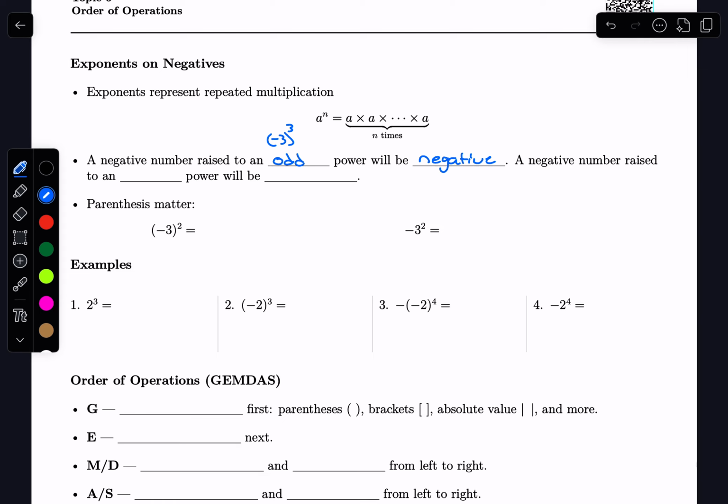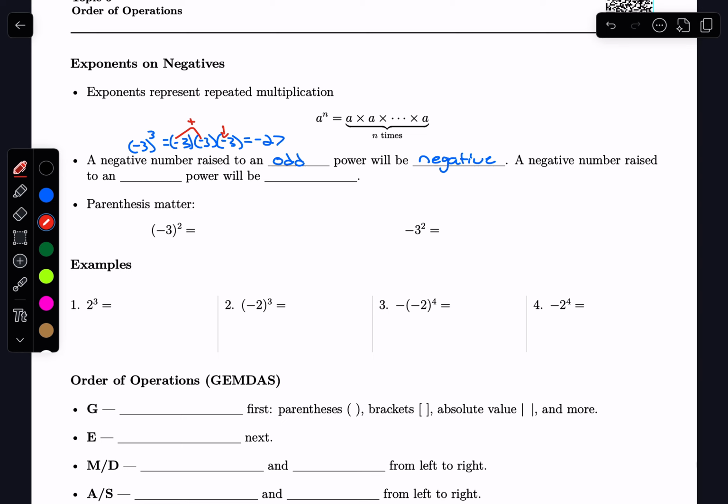So for example, this -3 to the power 3 is -3 times -3 times -3, and this equals -27. Because the first two negative signs cancel each other out to make a positive, but then that third negative sign multiplies with the positive to turn it back into a negative.